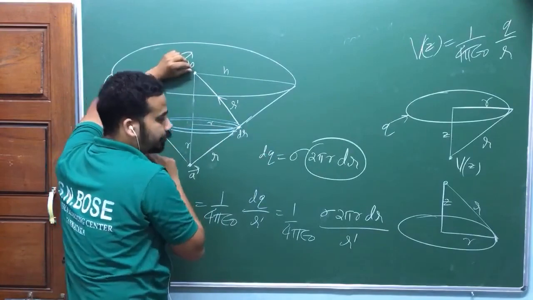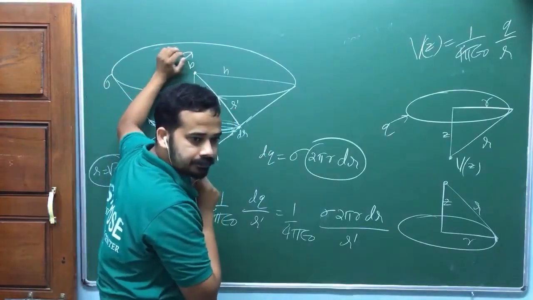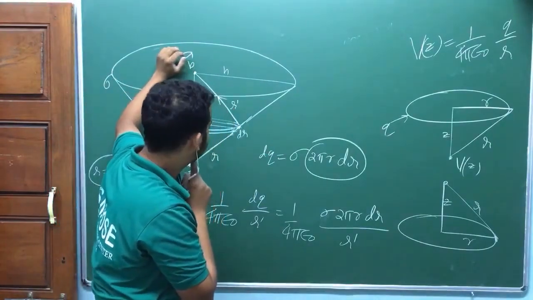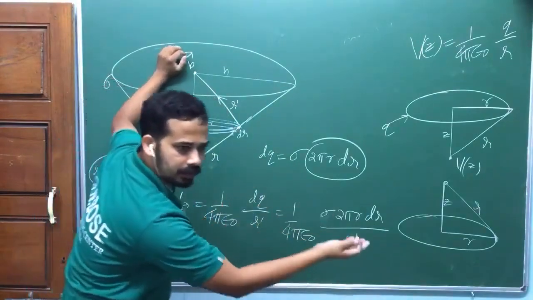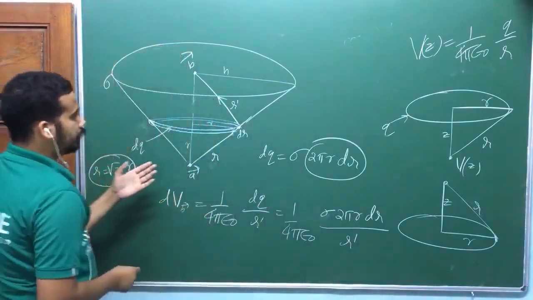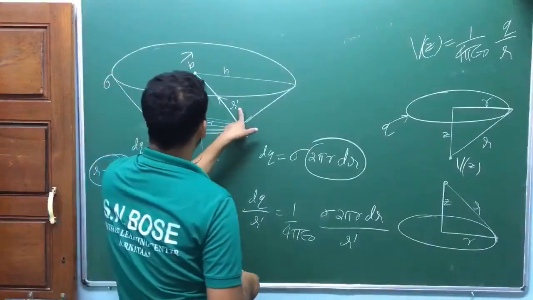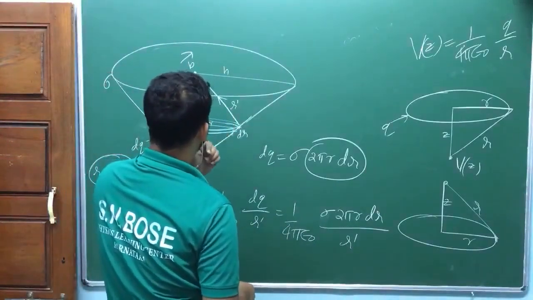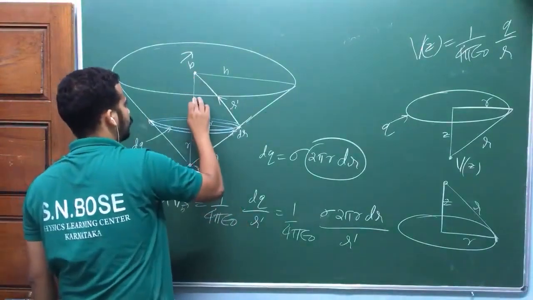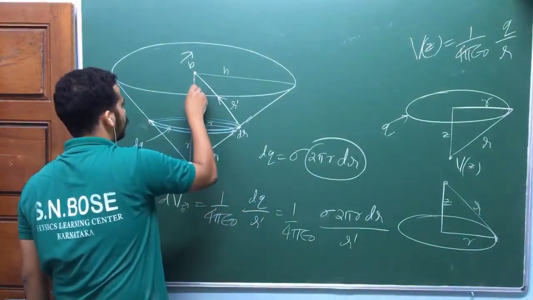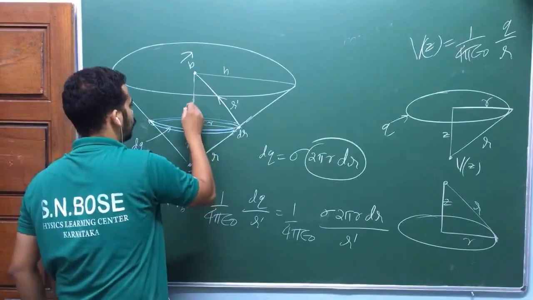Sir, what if we convert both italic r and italic r prime into small r? That can be done. Earlier also I told him, right? But r prime, how do you convert r prime into small r? Sir, it will be under h minus r. Okay. That's okay. This is h minus r.